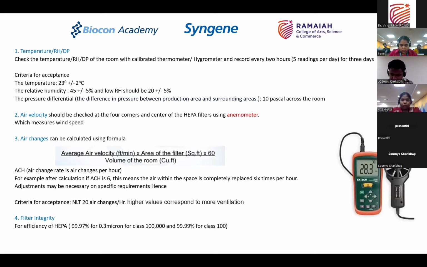For class 100,000, the HEPA filter integrity should be 99.97%, and for class 100, it should be 99.99%. So it should restrict the particles and microorganisms larger than 0.3 microns with 99.99% efficiency, so that sterile air conditions will be maintained in the area.